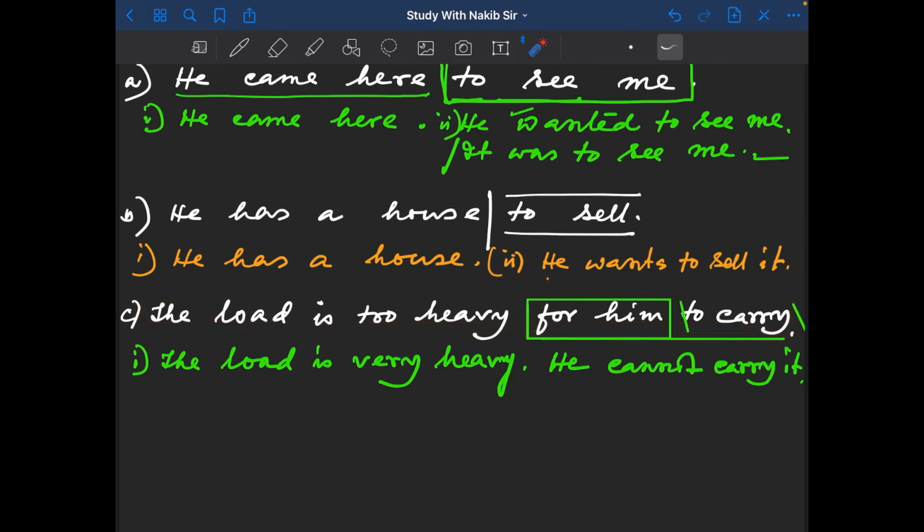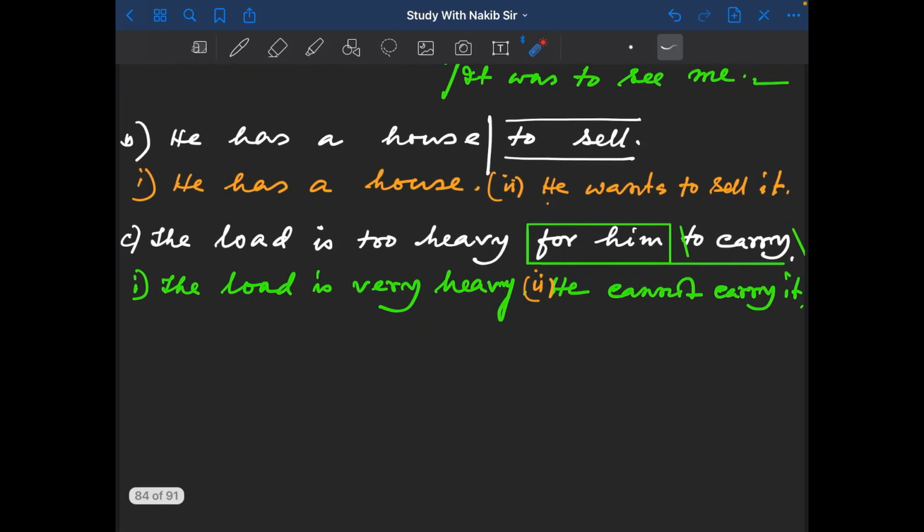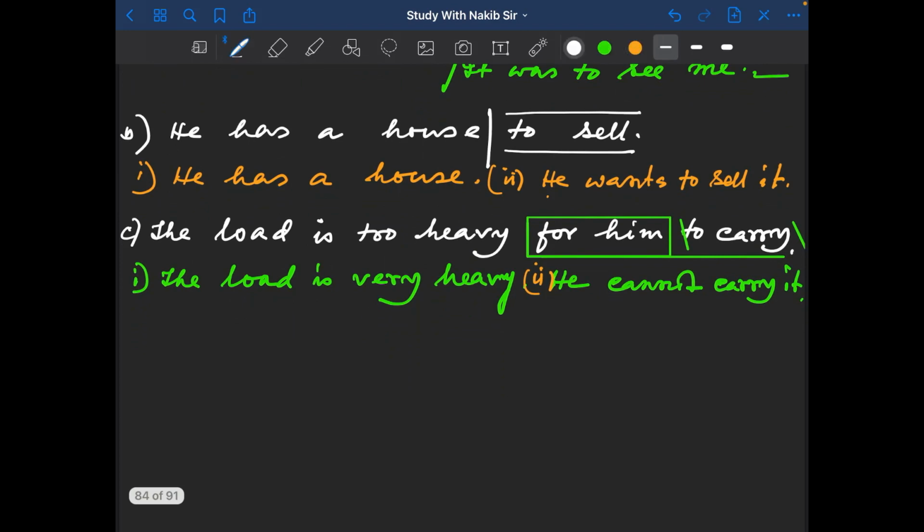So the load is very heavy, and the second part is, he cannot carry it. We got two sentences, one is the load is very heavy, another one is he cannot carry it, from this single sentence. Okay, now we'll take another example.